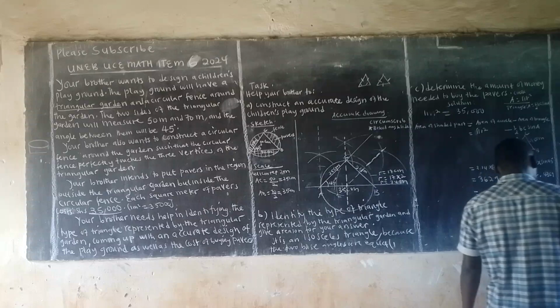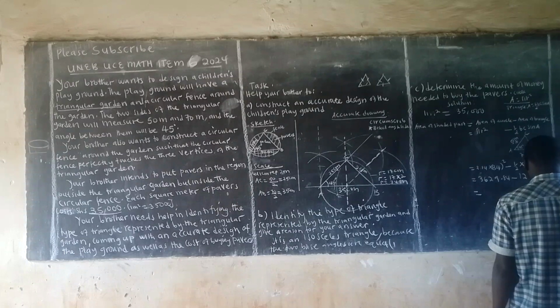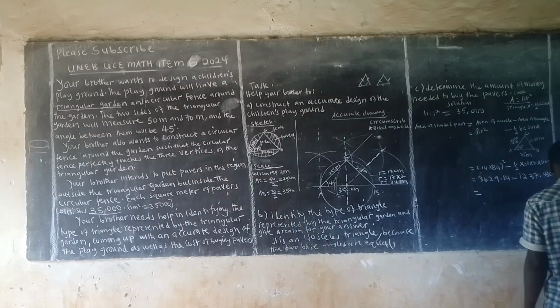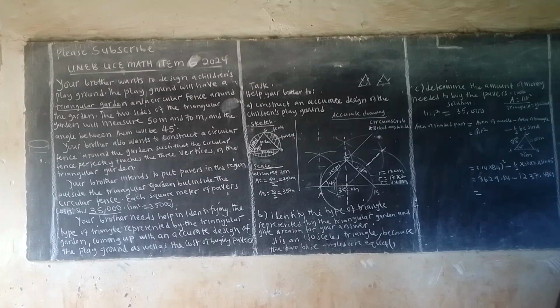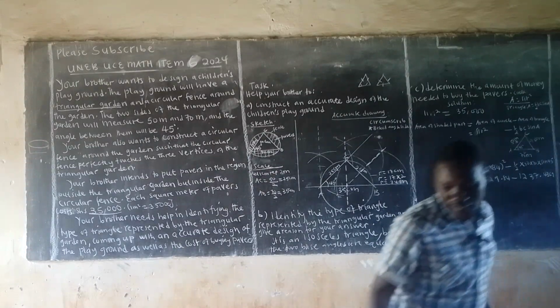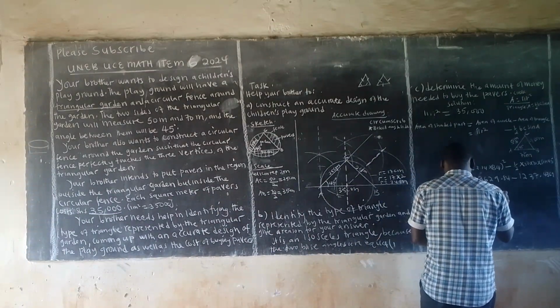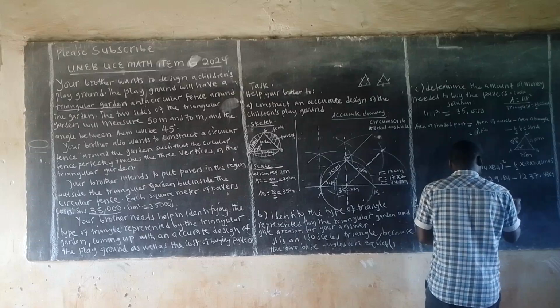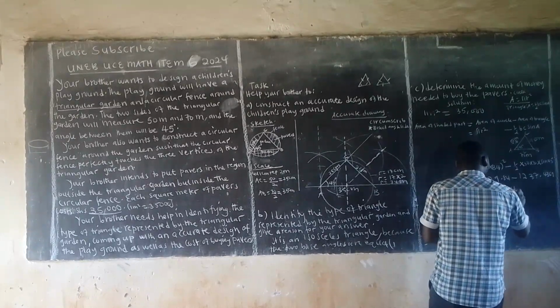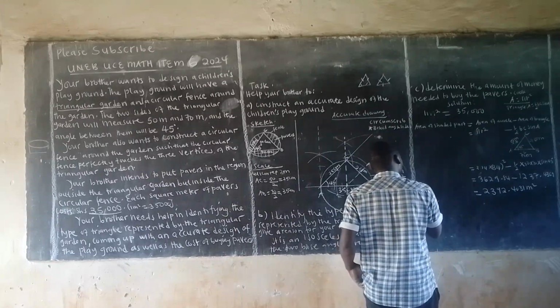This will be minus 1237.4369. Okay, we have 2392.4031 meters squared after subtracting. Now this is the area of the shaded part.